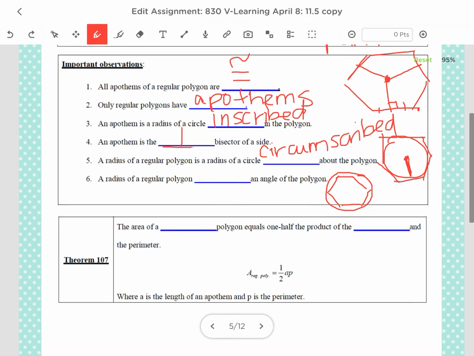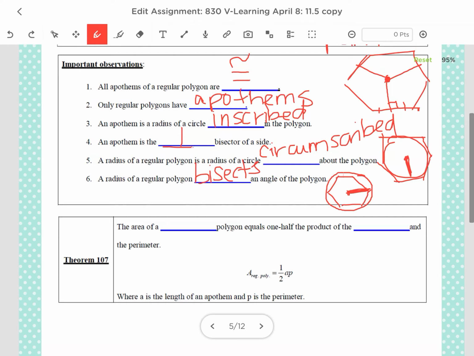So remember, the radius is drawn from the center to the vertex like that. So that's why it ends up being the radius. A radius of a regular polygon bisects an angle of the polygon.